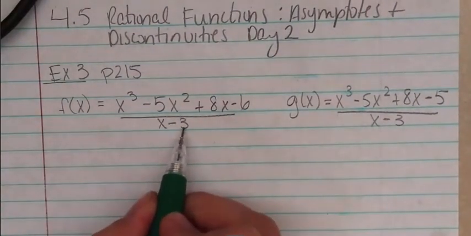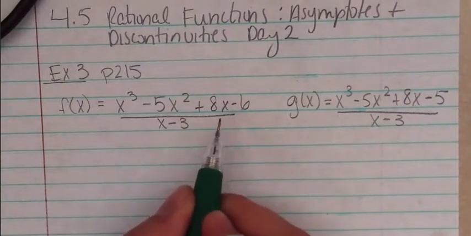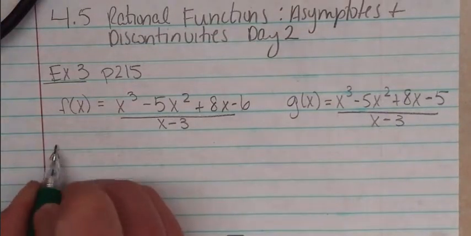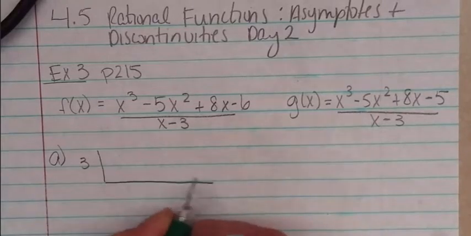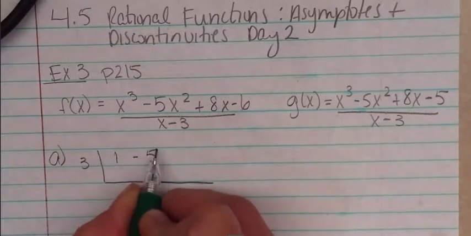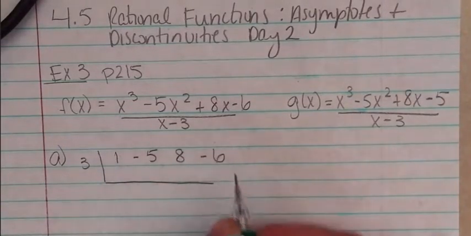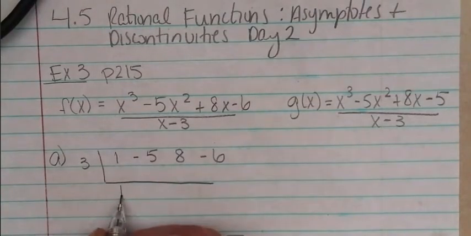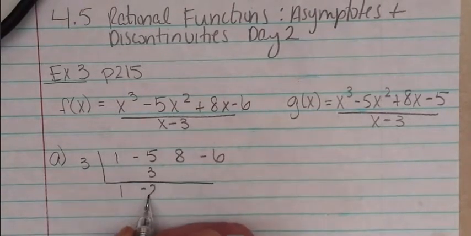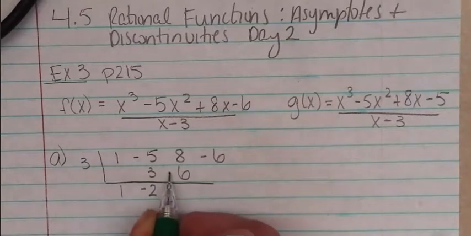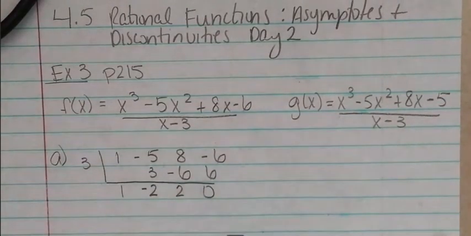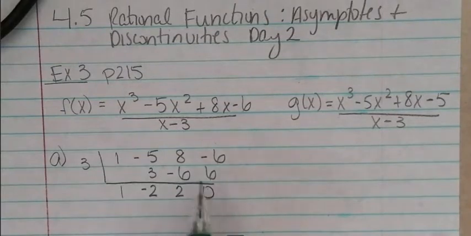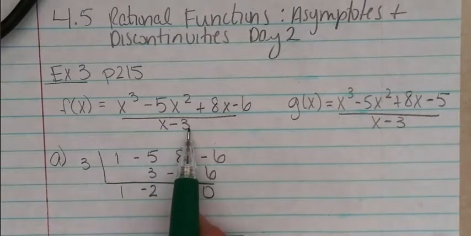So if x minus 3 is actually a factor of this, then my remainder will be 0. Hopefully you know what I'm doing. If not, let me know. All right, so my remainder is 0, which means that x minus 3 is a factor.